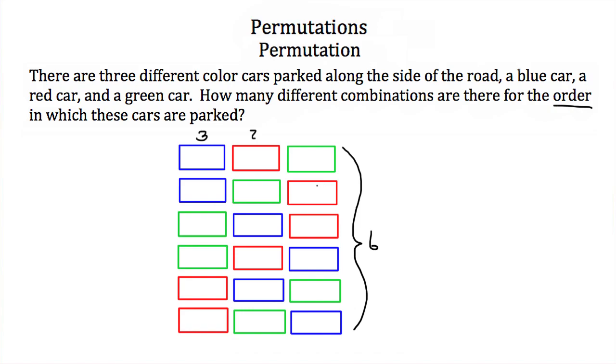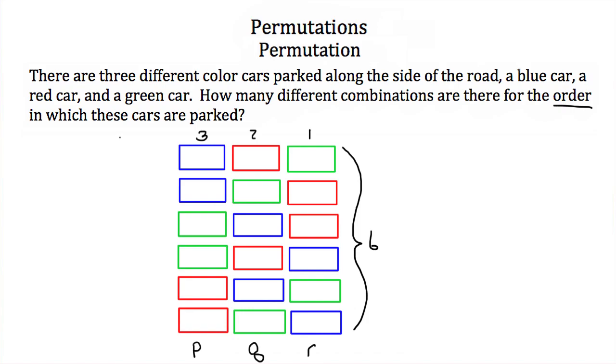So if the blue one goes first, then the second one has to be either red or green. And then once the first 2 cars are decided, there's really only one option for the third car. So think of this as P, Q, and R.